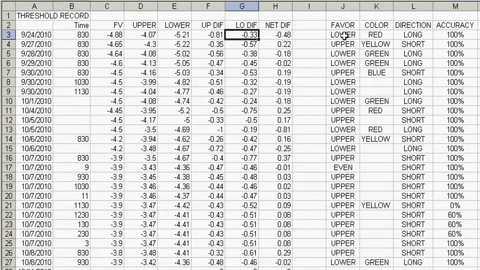So the lower number was closer to fair value, and that indicates a long trade. Whereas on the next day, the upper number was closer to fair value, and that should produce short trades. So if it's lower, it's long. If it's upper, it's short. It's pretty much that simple.